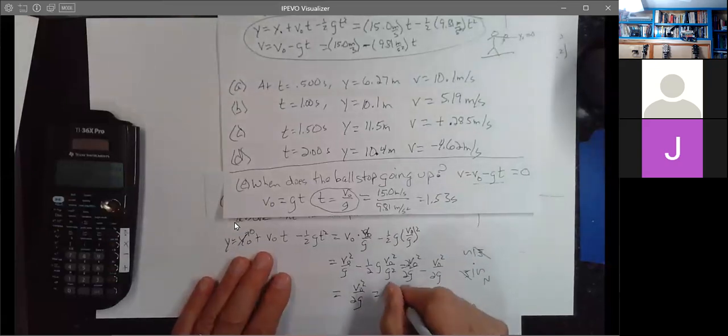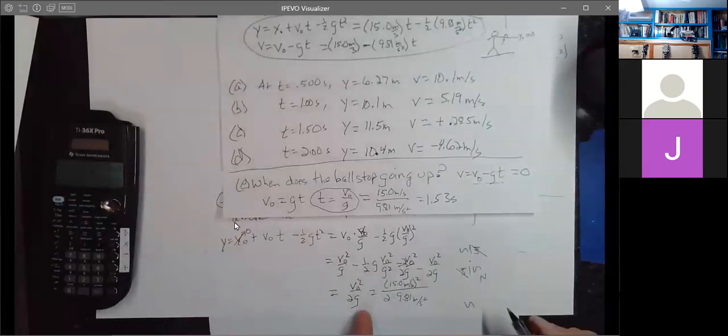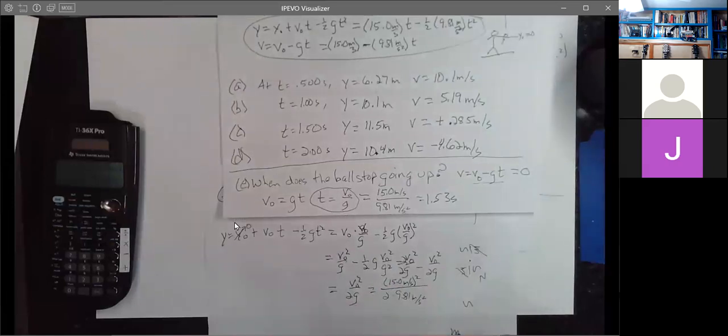I'd have v naught was 15.0 meters per second, which I square, and divide that by 2 times 9.81 meters per second squared. Unit-wise, on top, I'm going to have meters squared per second squared.